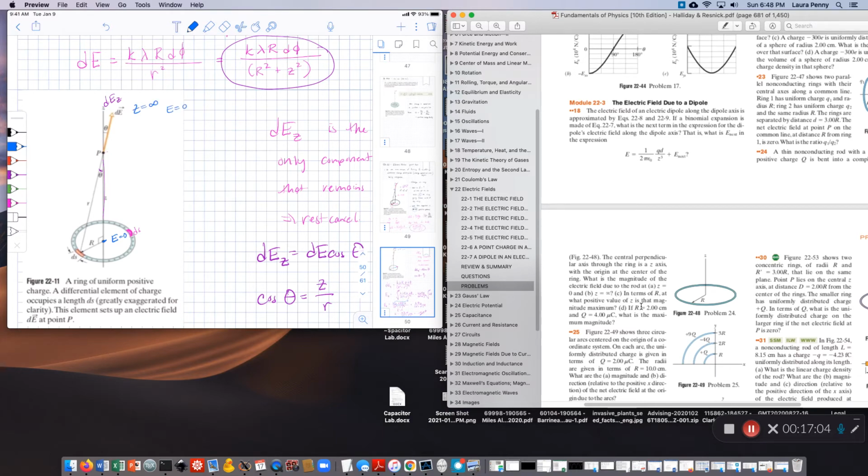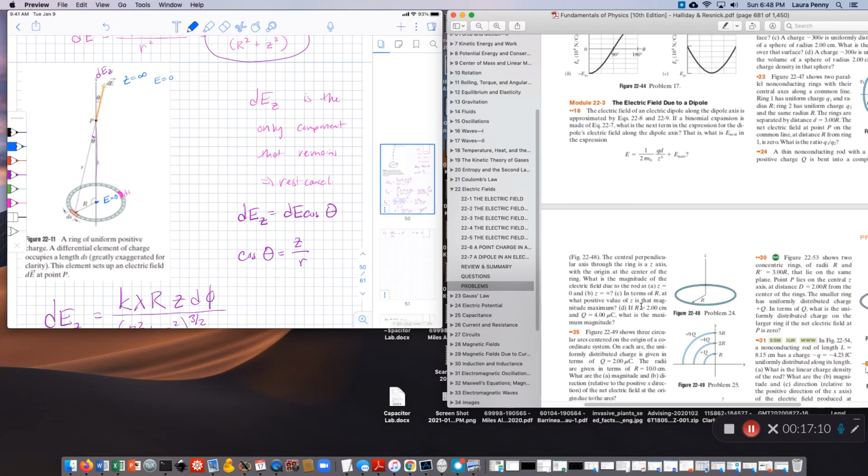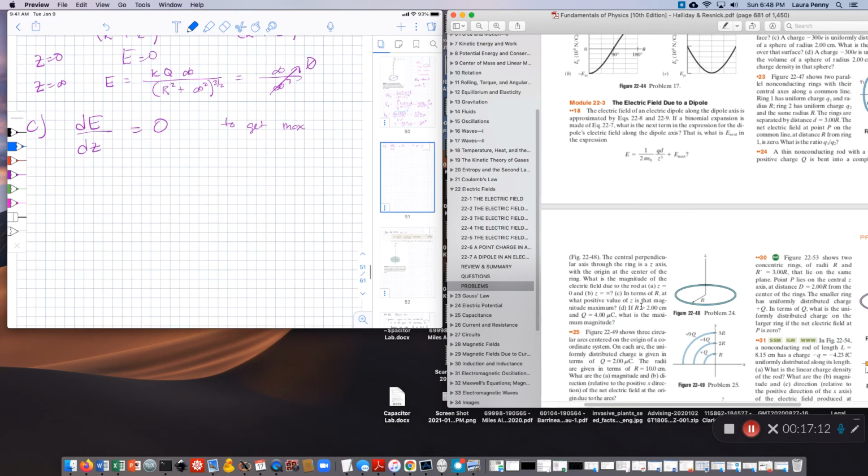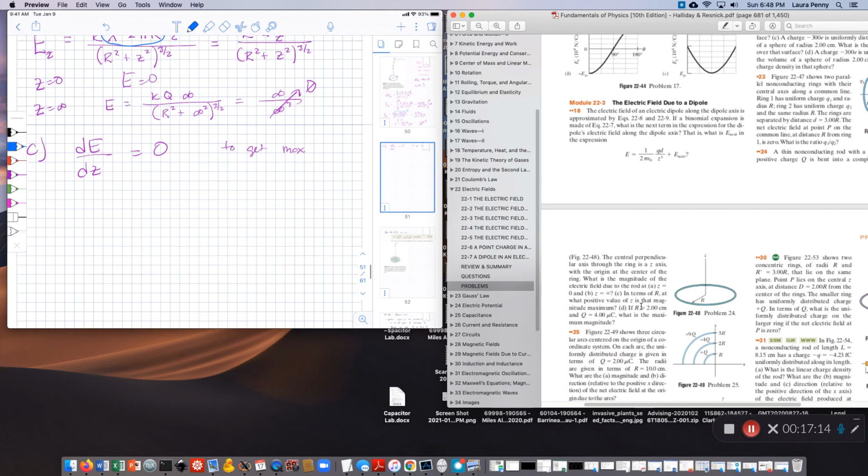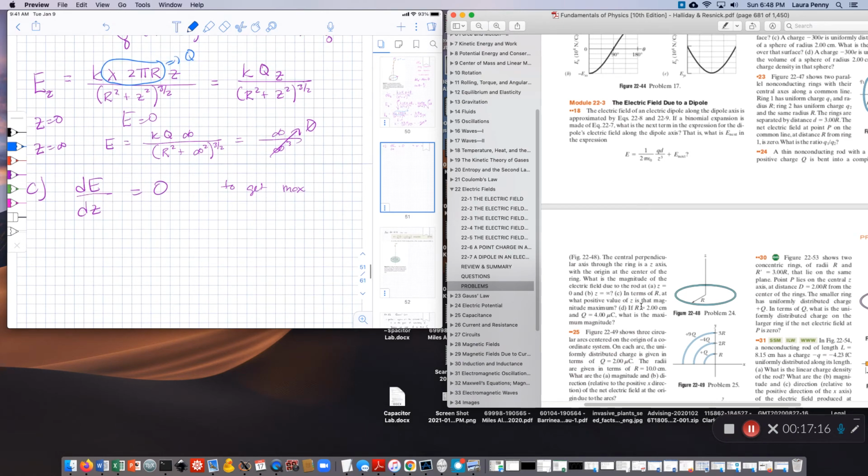So there must be some place in between these two places where you'd have some maximum. And so you just want to determine what that is by taking the derivative of electric field with respect to Z, using this equation, setting it equal to 0, and solving for Z. And that will tell you the location where you have a maximum.